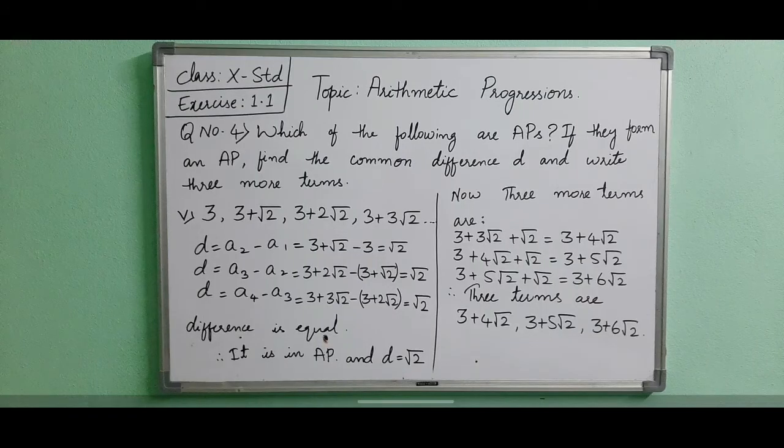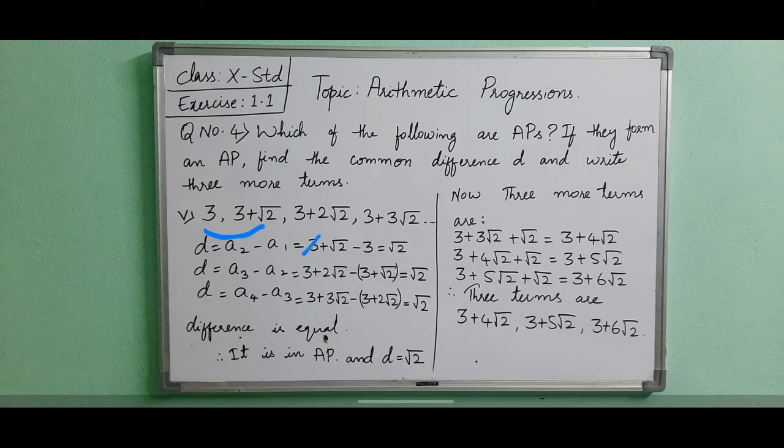In the fifth question, the numbers are given with square roots. Look here: 3, 3 plus root 2, 3 plus 2 root 2 and 3 plus 3 root 2. Let us do the subtraction. Here first these 2 terms we are taking. 3 plus root 2 minus 3.